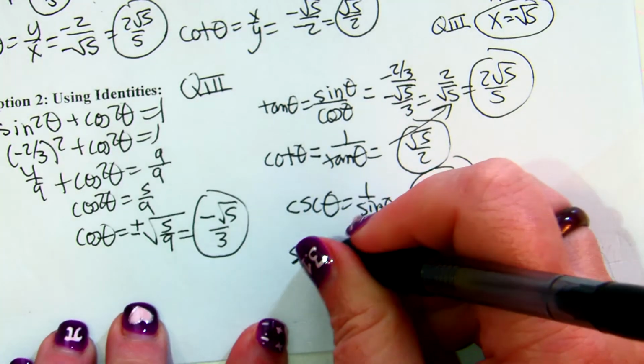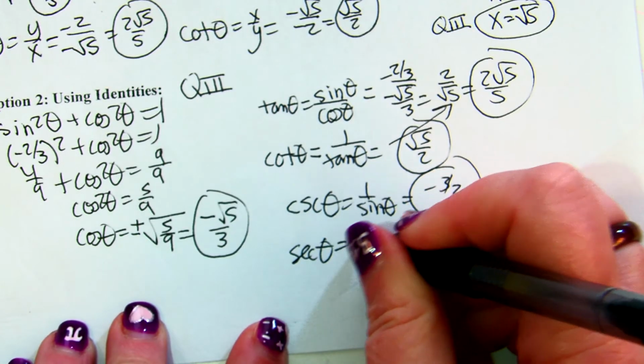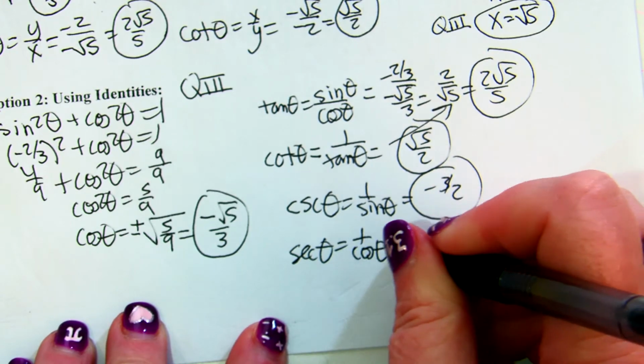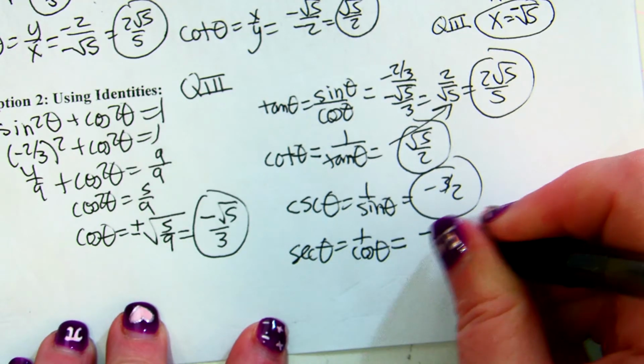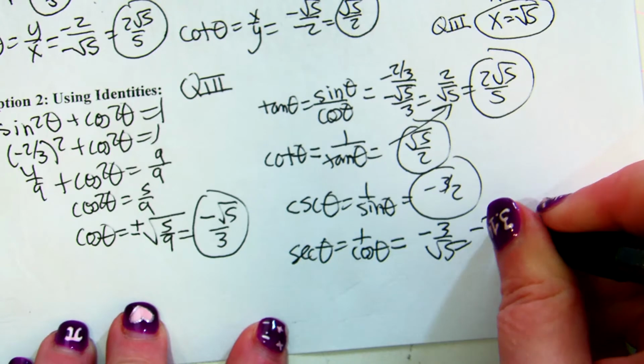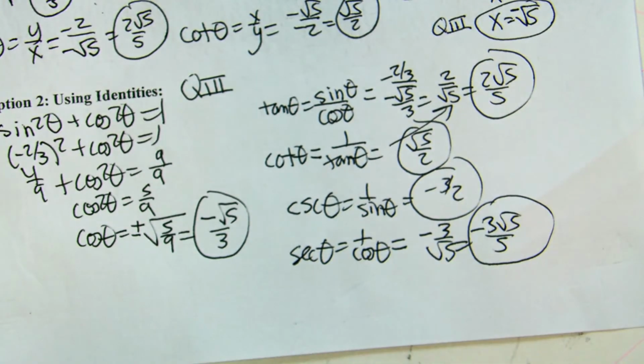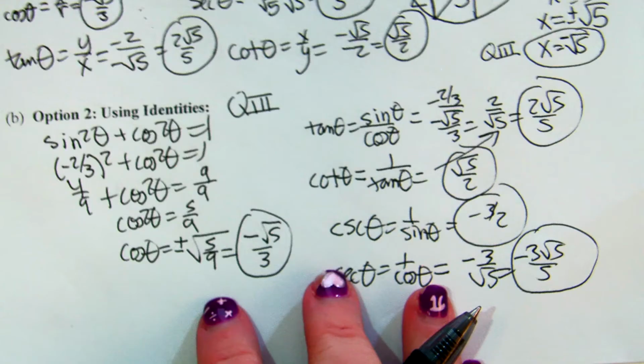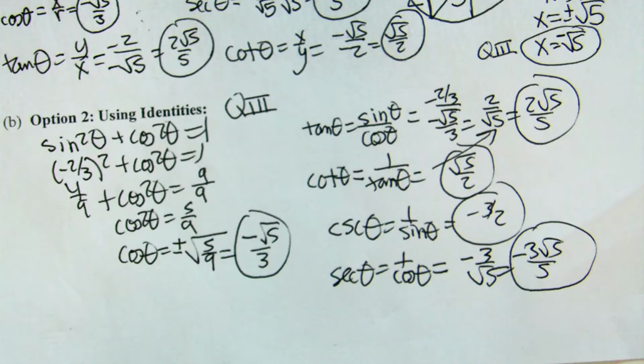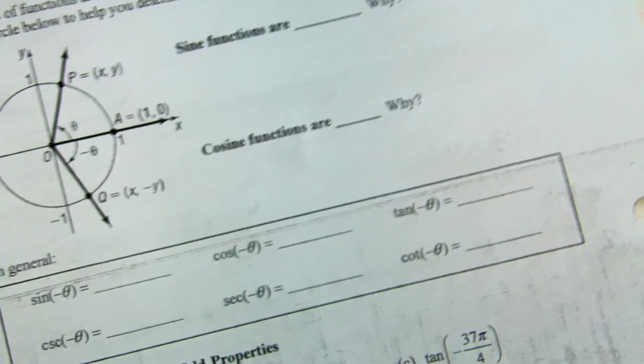And secant theta is 1 over cosine theta, negative 3 over rad 5, which is negative 3 rad 5 over 5. So you get the same answers. One uses a triangle and Pythagorean theorem, and one uses the Pythagorean identity. So you can pick a favorite way, but make sure you don't always just do it one way.